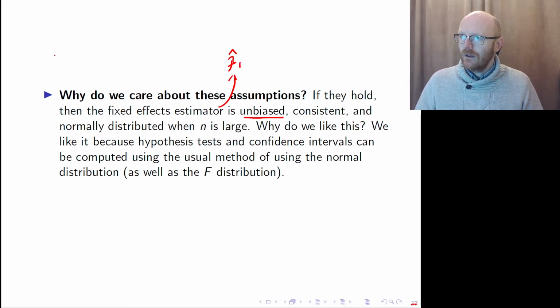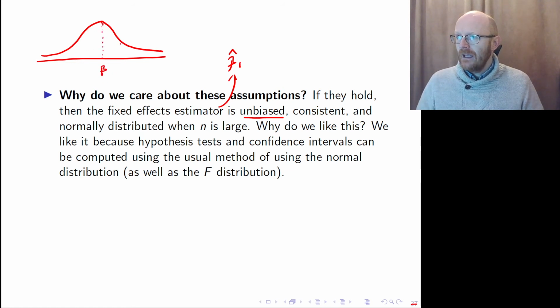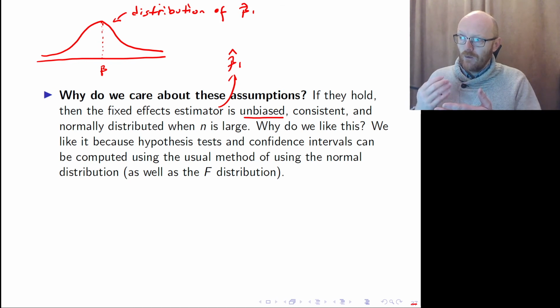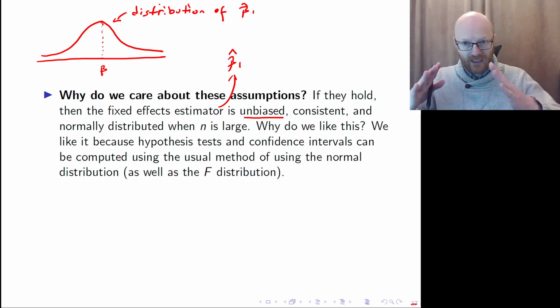And if the true beta is here and the distribution of beta hat is centered around the true value, then our estimator is unbiased, because on average we get something around the true value.